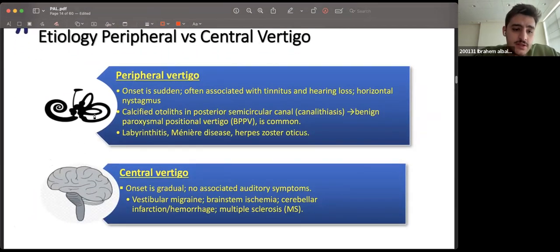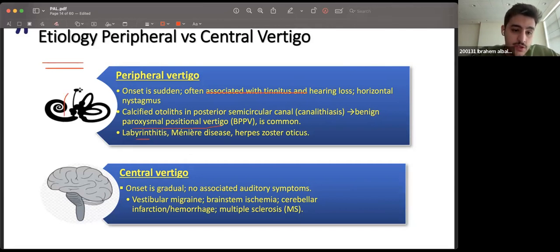So peripheral, as I said, this is the inner ear, basically. It's responsible for sound, and the vestibular system for balance. If it's damaged along with the peripheral nerve, okay, that's called peripheral vertigo. If the brainstem is damaged, then that's central vertigo, and differentiating is important. Peripheral is associated with tinnitus, as we said. Some differentials are benign paroxysmal positional vertigo, I'll talk about it in the end.